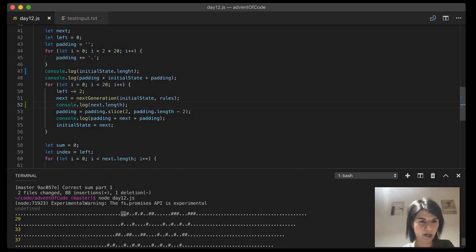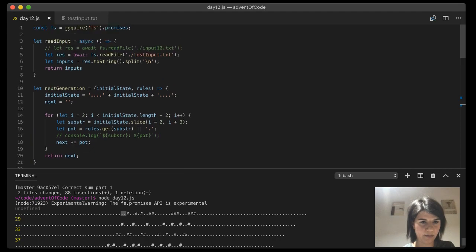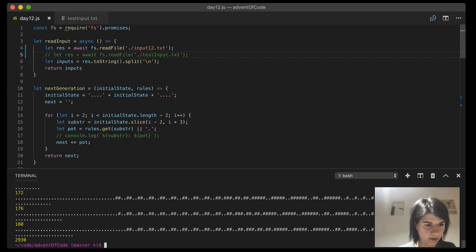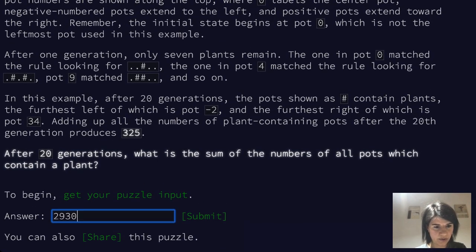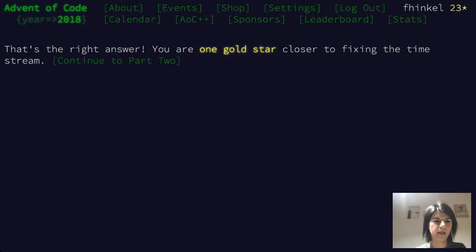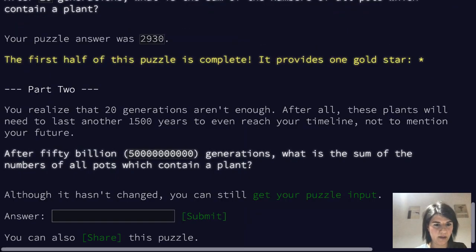Okay, let's check on the real input if we get the right number, and then I want to figure out that printing problem. So let's hope for a star. Okay, so this was good.